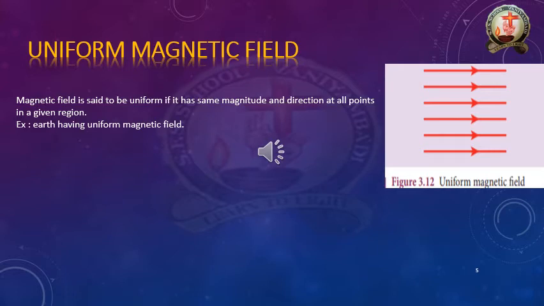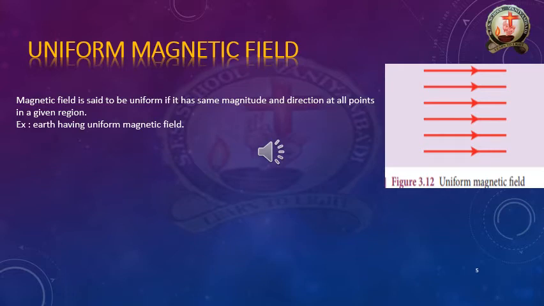Usually we know what a magnetic field is, but at which condition should we call that a uniform magnetic field? That condition is: it has the same magnitude and direction at all the points in a given region.